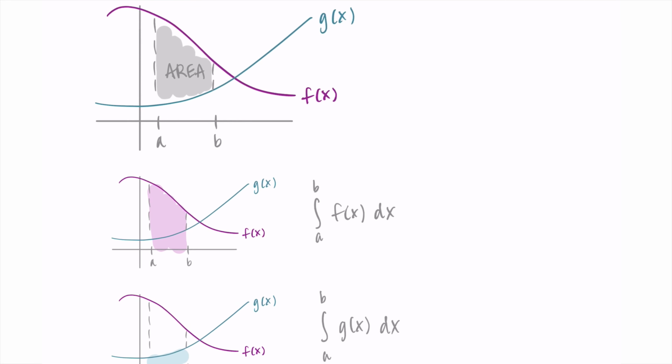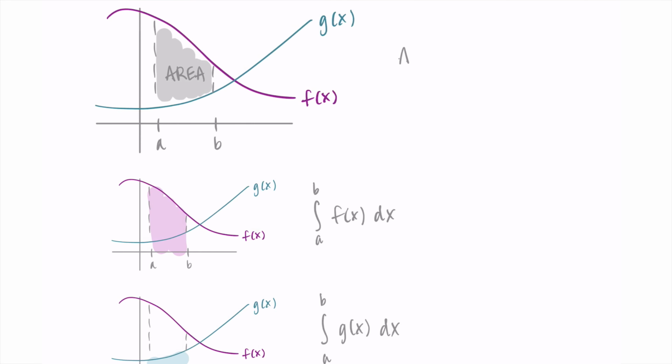So in order to find our big area, we are going to take the integral from a to b of f. That's the first graph we drew with that whole area. And then we're going to subtract off the area under g, and that's the second thing I drew.